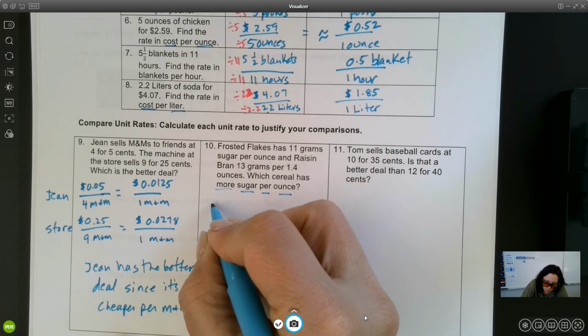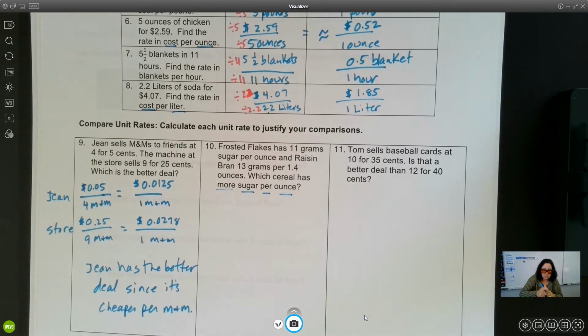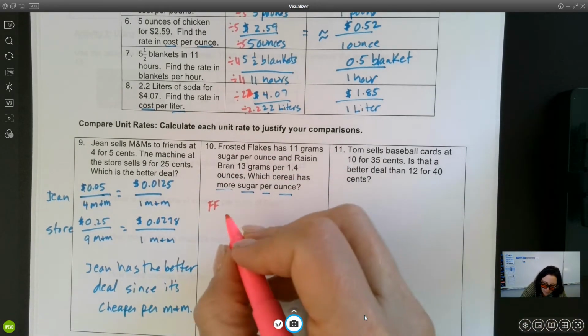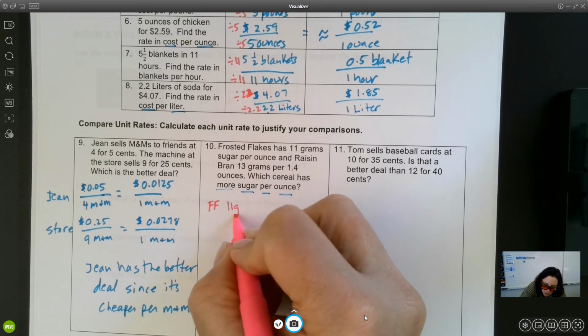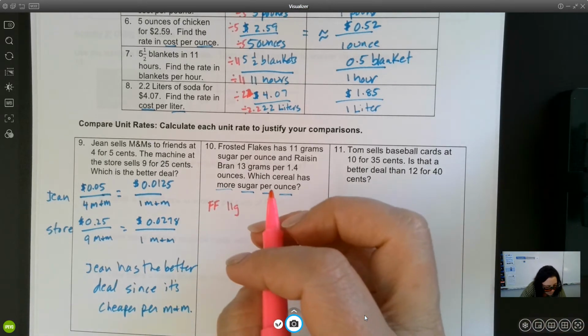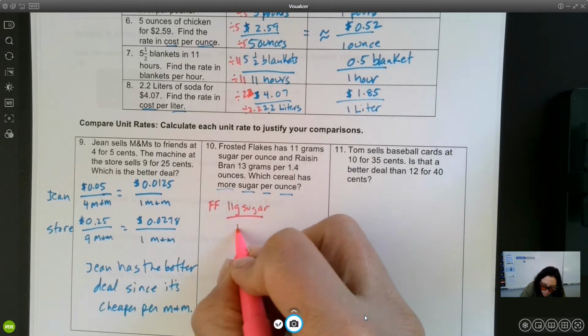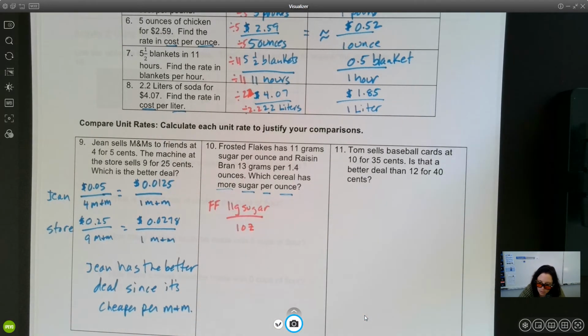I'm going to change into pink so it doesn't blend in with what I just wrote on the other one. Frosted Flakes, I have 11 grams of sugar per 1 ounce.